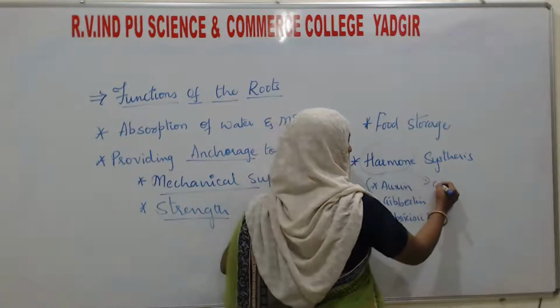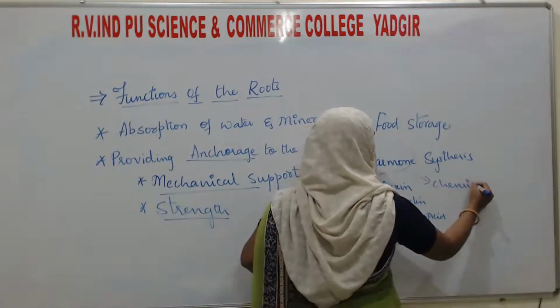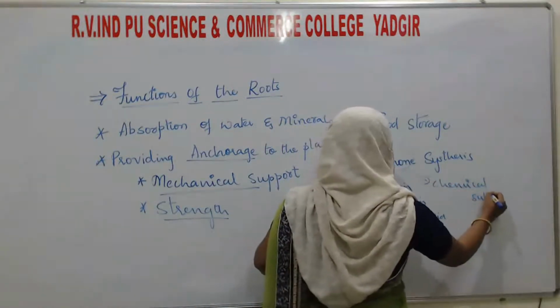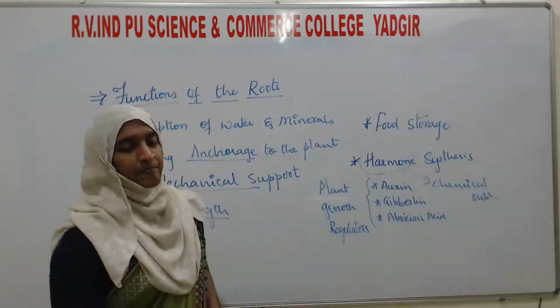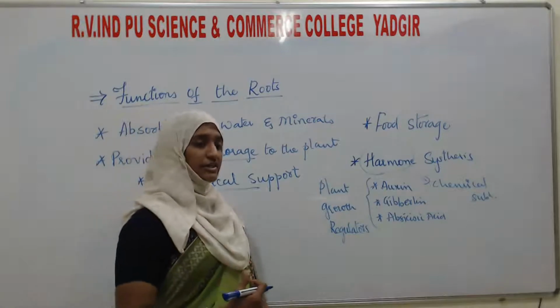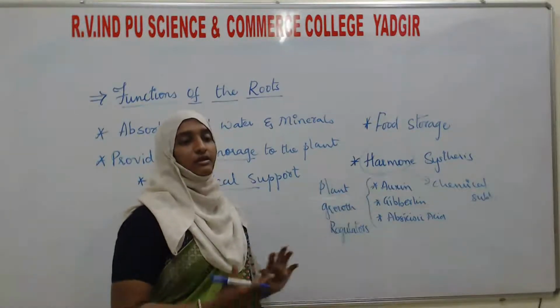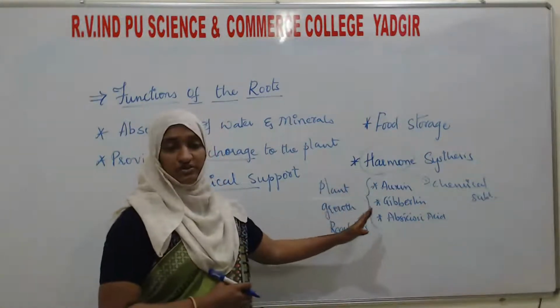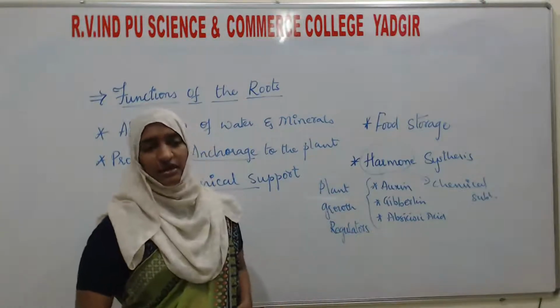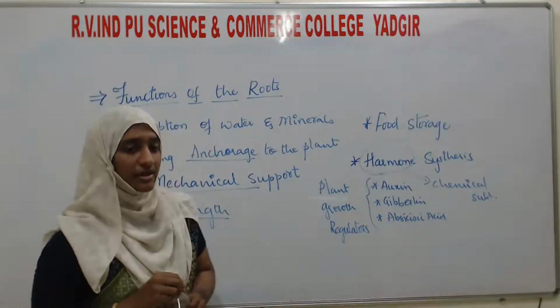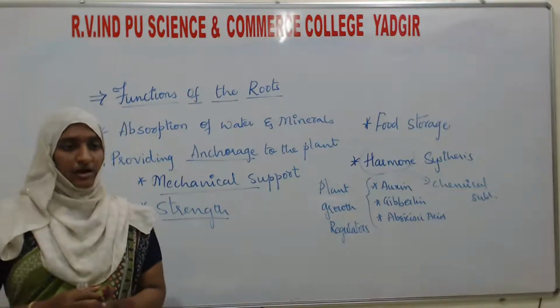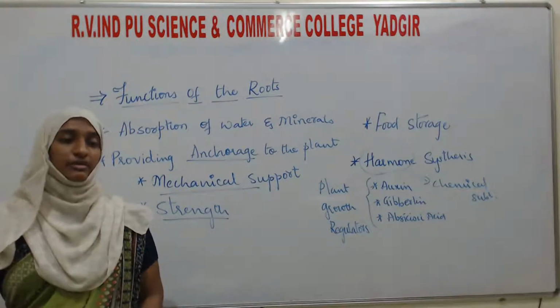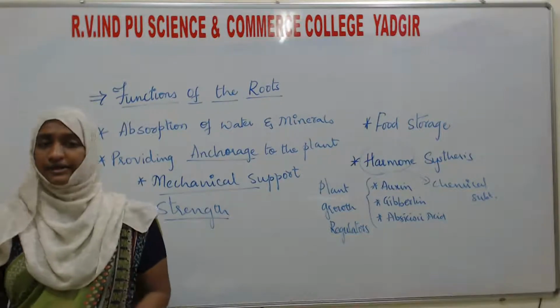What do you mean by hormones? It is a chemical substance which is released from the plant body, from the root. Auxin, gibberellin, abscisic acid and some other chemicals are released from here. They are mainly meant for plant growth, and these hormones are also known as plant growth regulators.